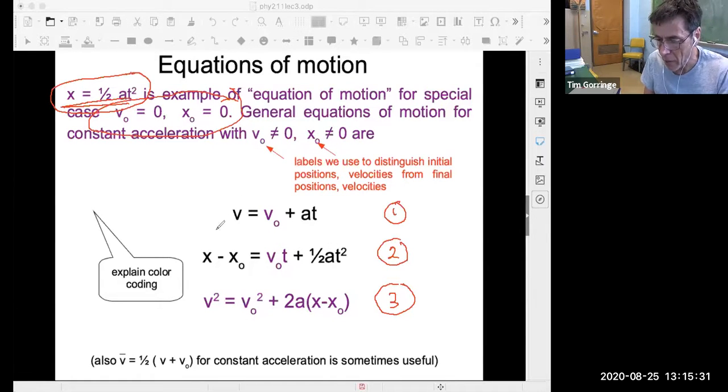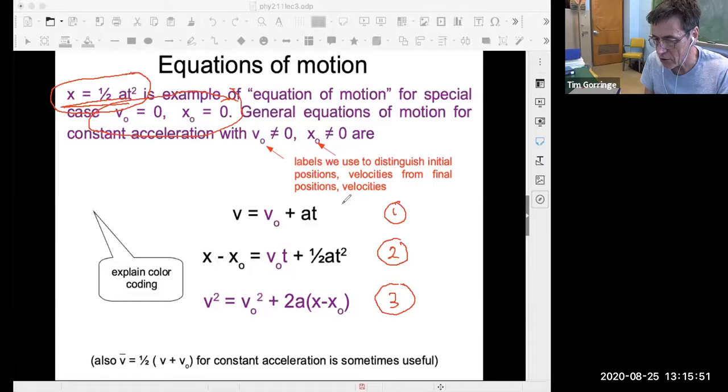Anyway, these are what we call the 3 equations of motion that we use to describe constant acceleration motion. And the falling of objects under gravity is the classic example of constant acceleration motion.